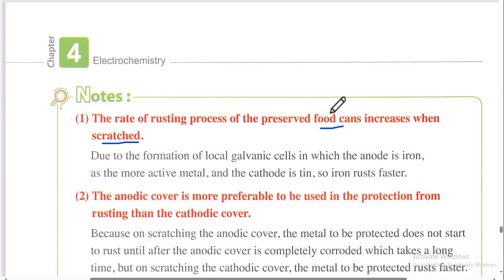So on scratching, a local galvanic cell is formed where iron acts as anode and tin acts as cathode, as iron is more active than tin. So iron acts as an anode, so it rusts faster.